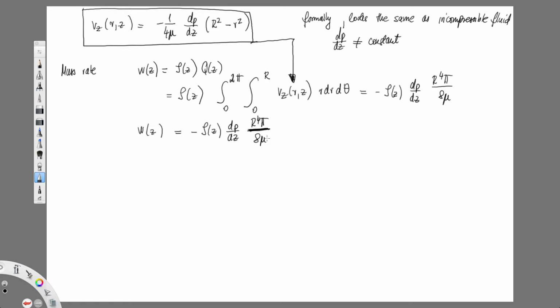So let's see what is the average of mass rate over the length of the tube. I integrate from 0 to L dz, and I divide by L.